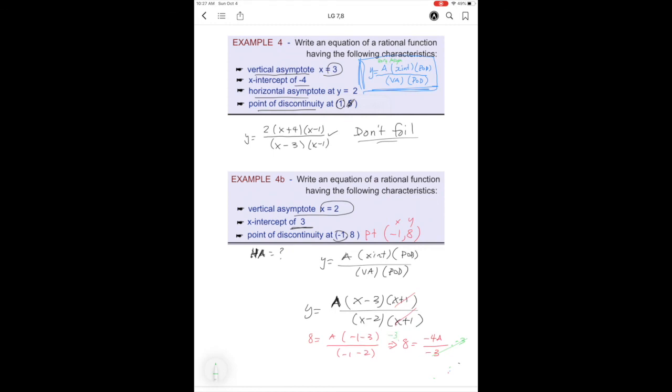Times this side by negative 3. So we get negative 24 equals negative 4a, divided by negative 4, divided by negative 4. So A equals 6. Now once you got the A, you have to rewrite it. So the answer is y equals 6 times x minus 3 x plus 1 over x minus 2 x plus 1. All right, so there's the answer. Don't FOIL.